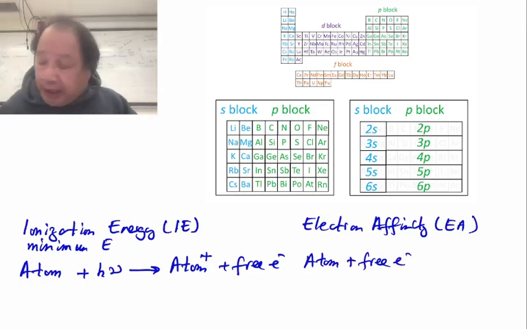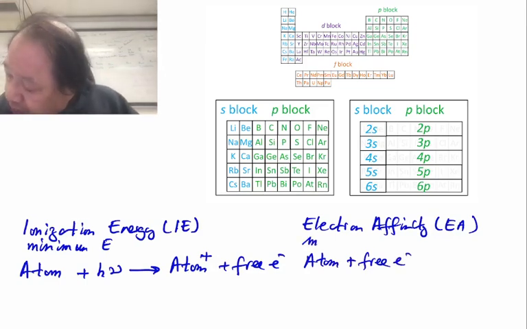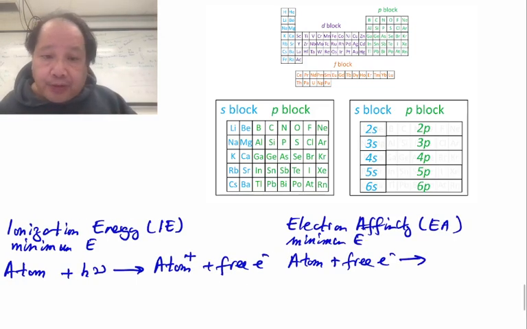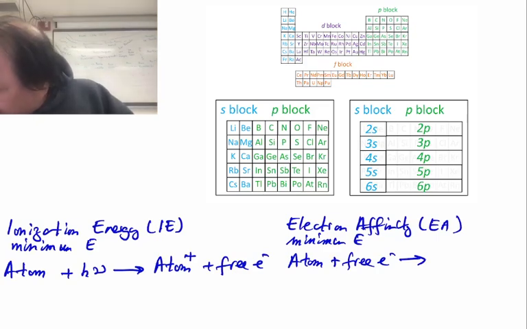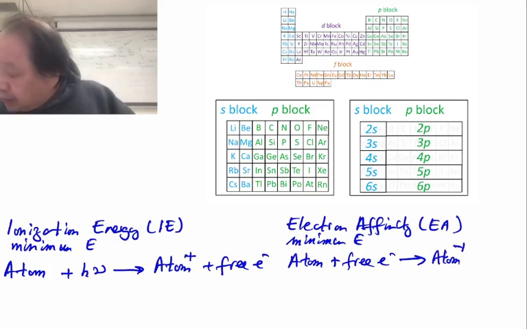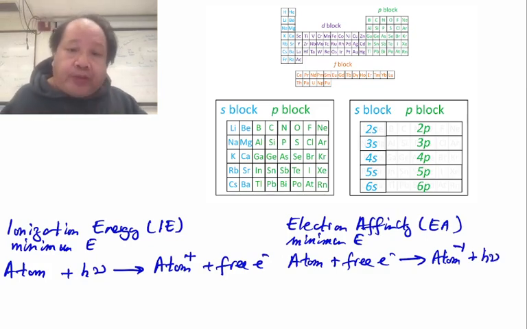And the EA is also a minimum energy. The free electron gets absorbed by the atom, and the atom now becomes negatively charged, and the free electron has gone down in energy. And what's the minimum energy of light that can be released?